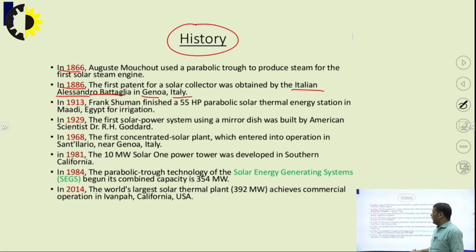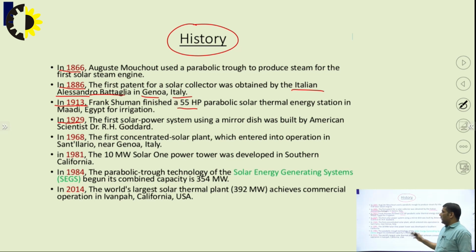Then in the early 1900s, in 1913, Frank Shuman finished a 55 horsepower parabolic solar thermal energy station in Maadi, Egypt, for irrigation purposes. And after that, in 1929, the first solar power system using a mirror dish was built by the American scientist Dr. R.H. Goddard.